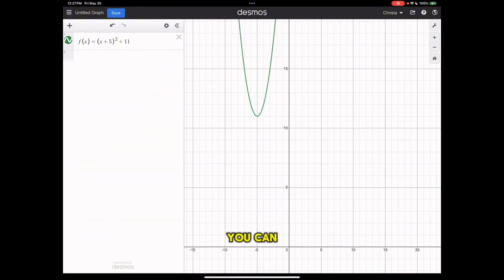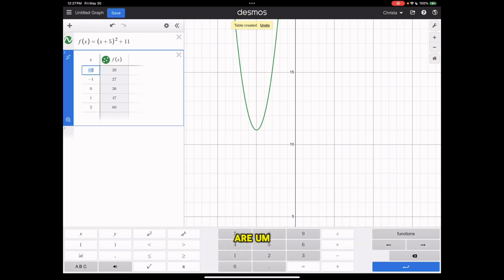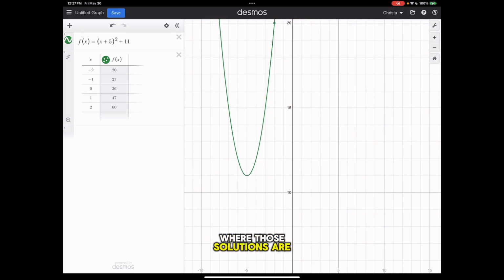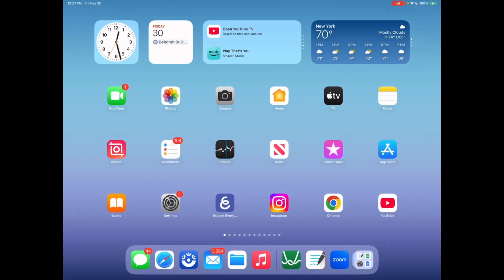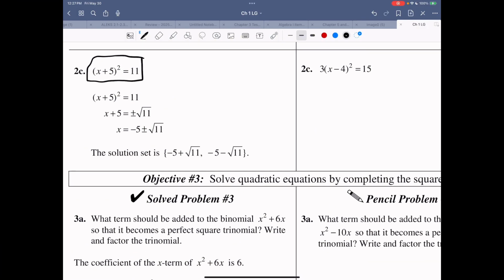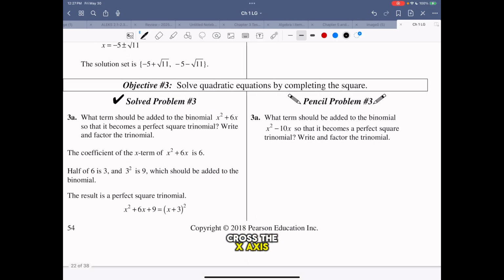So as you can see, it doesn't cross the x-axis, but where the zeros are, it's some decimal. You just don't know where those solutions are, because they don't necessarily cross the x-axis.